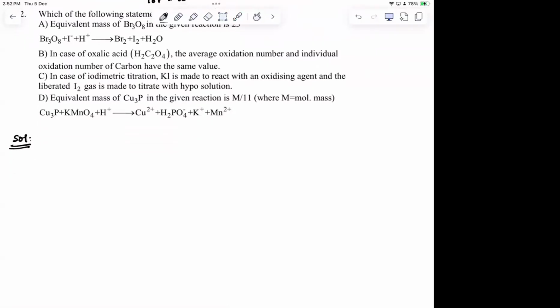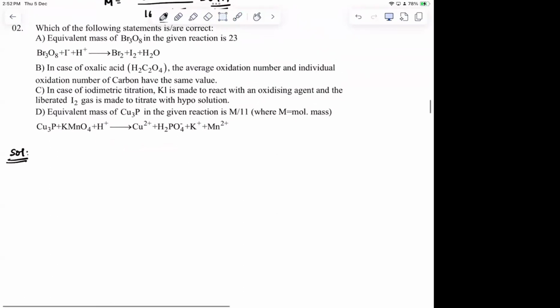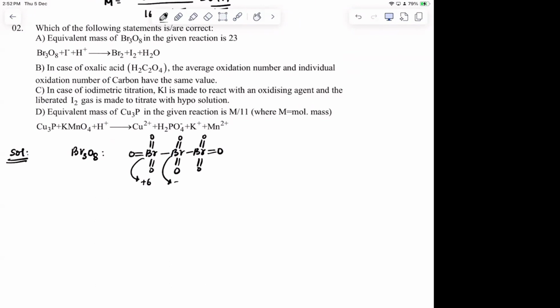First, we need to check how many moles are present in terms of bromine here. Here, what is the total charge? And that will be the valency factor. See, Br3O8, if you notice, we have two types of Br here. This is how the structure of Br3O8 will be. Now, the oxidation state here is plus 6, here it is plus 4, and here also it is plus 6.